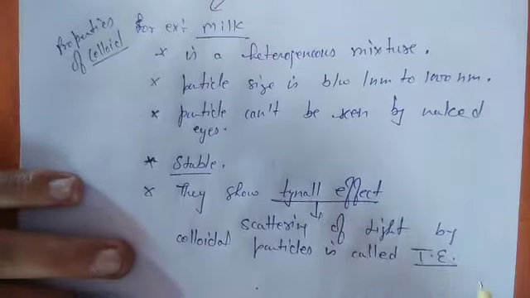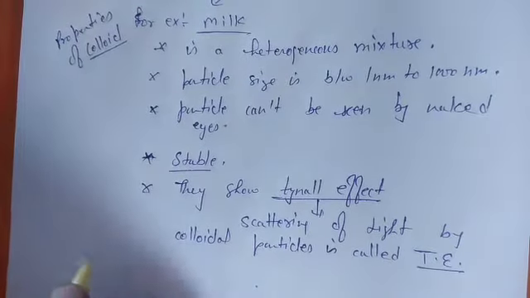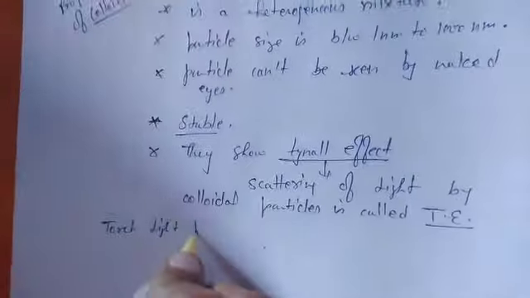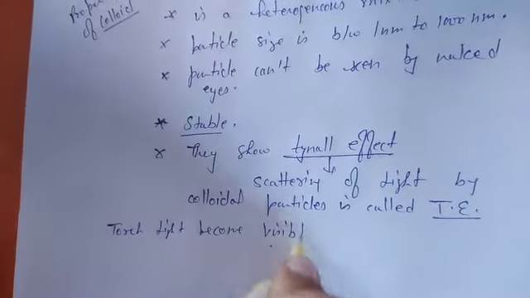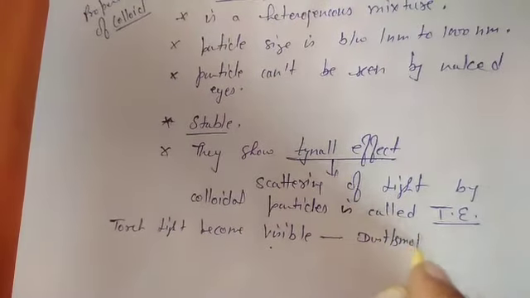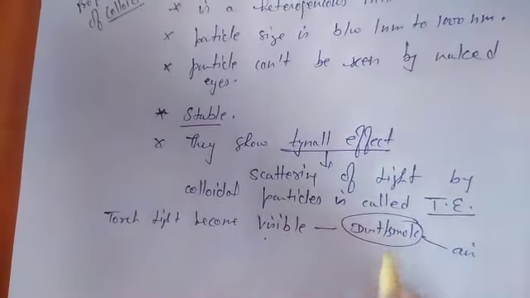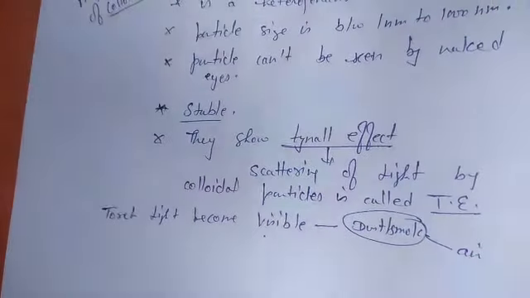You have seen this in the past. A very simple example I am giving: the torchlight path becomes visible, because at that time dust and smoke in the air exist as particles which scatter the light.